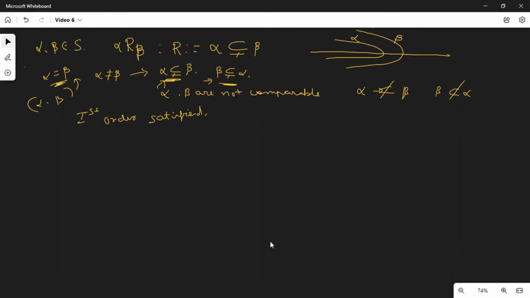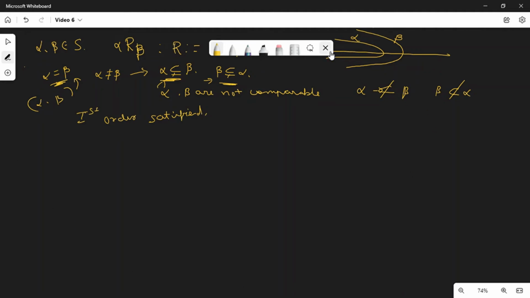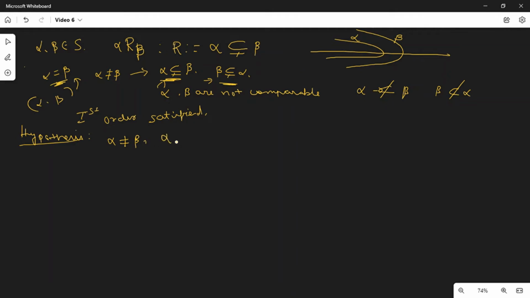So how to prove this? Instead of proving directly, let's check whether this happens or not. We take a hypothesis like this: say alpha and beta are not equal to each other, and alpha is not a proper subset of beta, not at all a subset of beta.